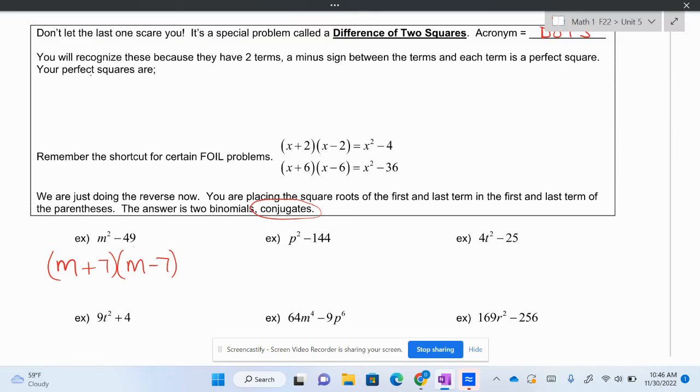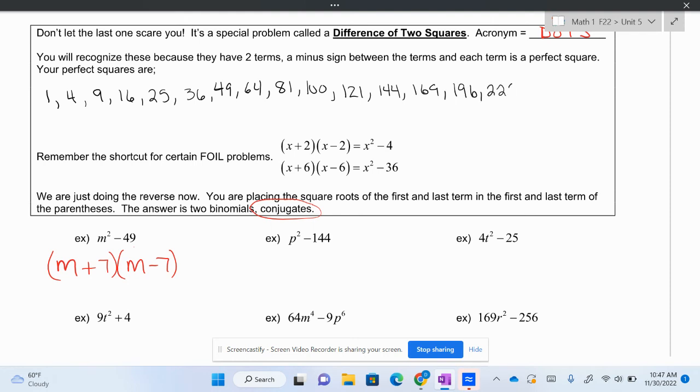So let's see. 1 times 1 is 1, 2 times 2 is 4, 3 times 3 is 9, 4 times 4 is 16, 5 times 5 is 25, 6 squared, 36, 7 squared is 49, 8 squared, 64, 9 squared, 81, 10 squared, 100, 11 squared, 121, 12 squared, 144, 13 squared, 169, 14 squared, 196, 15 squared, 225, 16 squared, 256.